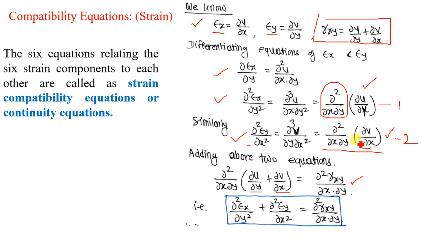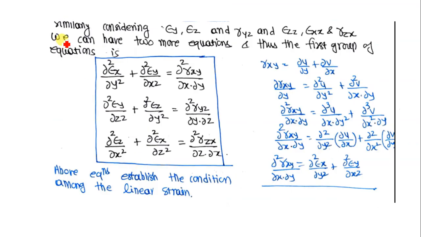Then simply add these two equations. Adding them, we can write the left hand side like this, and thus we can derive this particular equation. So this is the first set of equations.